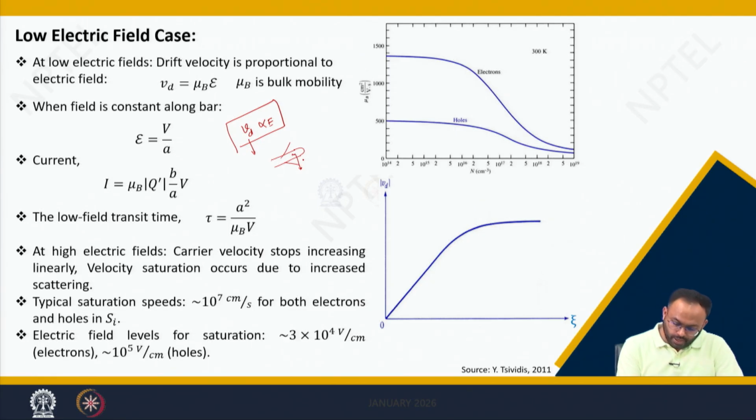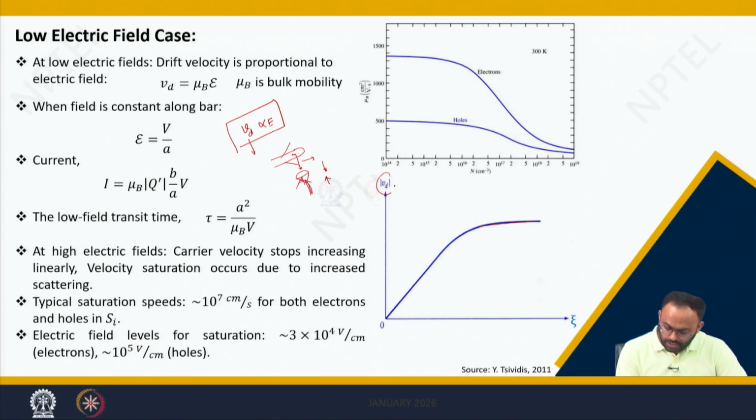At the starting point, the velocity of that person is very high, but when the person jumps using a parachute, then after a certain time the velocity of the parachute and person is constant, because gravity is working in this direction, air friction is working in this direction, and the two forces counterbalance each other, and the velocity seems like a constant velocity. That is what is happening when the carrier moves in the semiconductor. You do have an electric field, but there is a collision mechanism also involved, and hence the carrier attains a constant velocity.